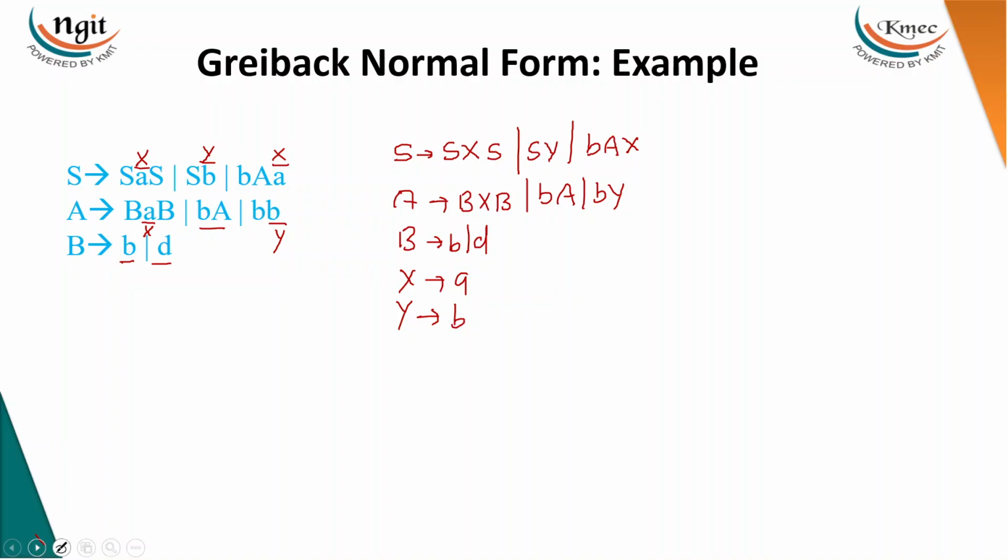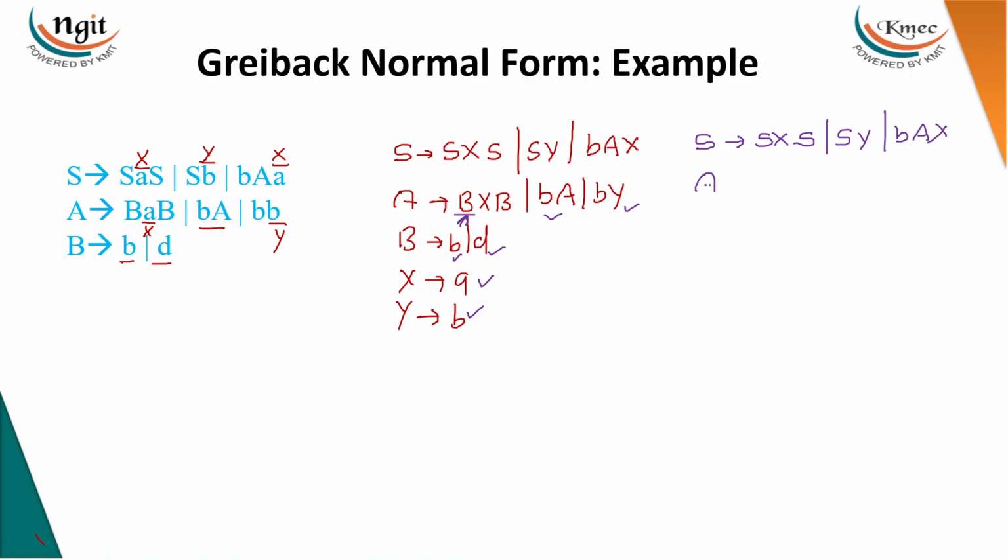Right, let me go with this again with the production here. So here we are having GNF, GNF, GNF, GNF, GNF, GNF, but this is one. So substitute this B with all of its productions. Then you can take S tends to SXS, SY, BAX.